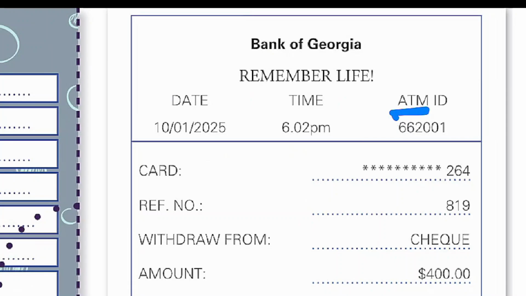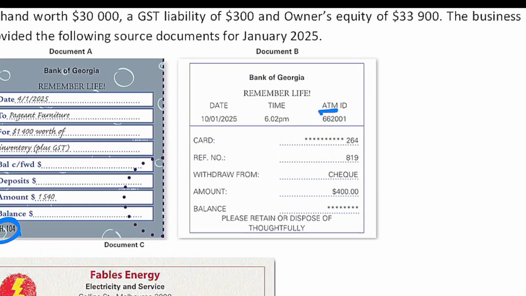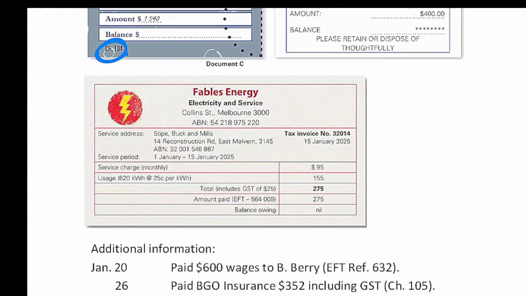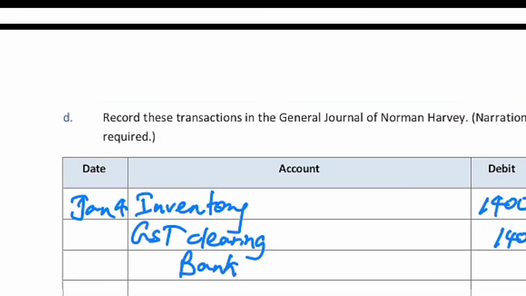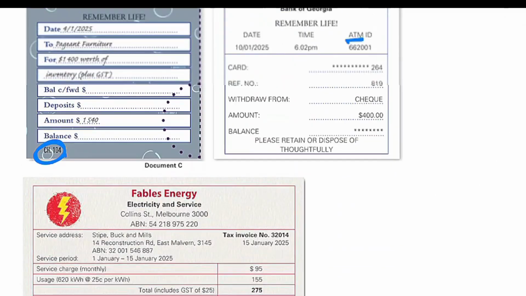ATM docket, thank you. So what do we use it for? Drawings, very good. That's used for drawings by the owner, right? Cash drawings, okay. So we'll write that one as well.